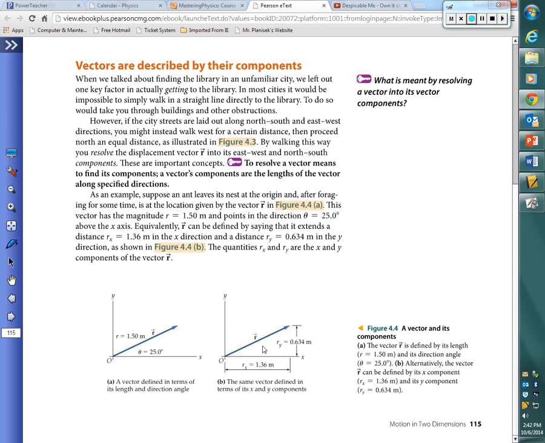Meaning, we can make ourselves a little right triangle, where the two sides of the right triangle represent the component vectors, and the hypotenuse of the right triangle represents the vector itself. What do you know about the hypotenuse of a right triangle compared to the other two sides?